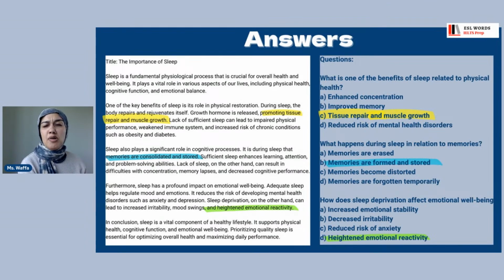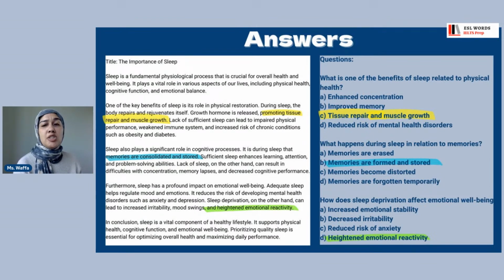So let's take a look at the green highlighted paragraph. The last sentence says, sleep deprivation, on the other hand, can lead to increased irritability, mood swings, and heightened emotional reactivity. So, what words help us find the answers to this?